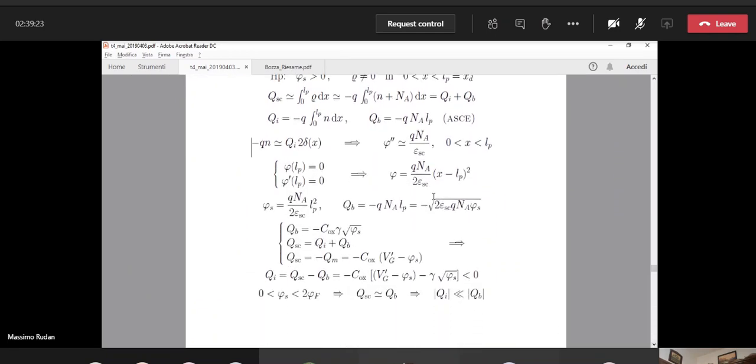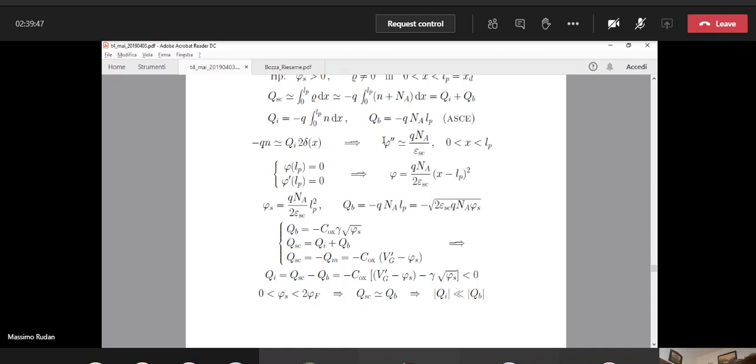We say the second derivative is equal to, remember, minus the charge density over the permittivity. So this renders QNA over epsilon SC between 0 and LP. And the boundary conditions, you remember, we have charge neutrality from LP on.